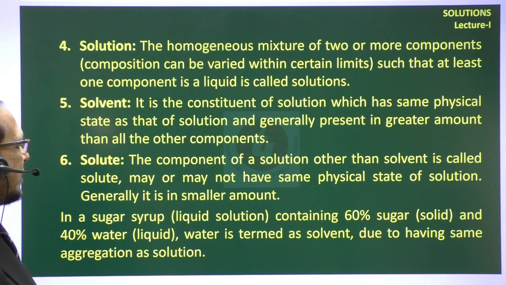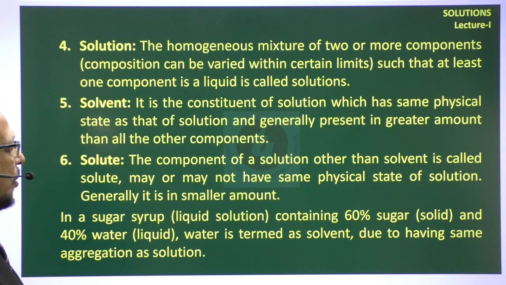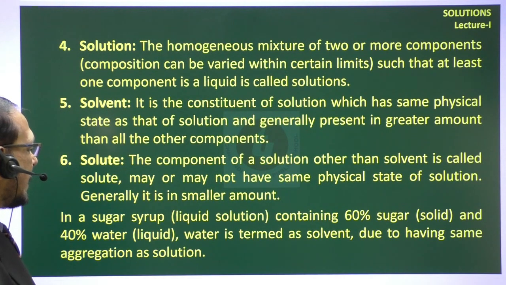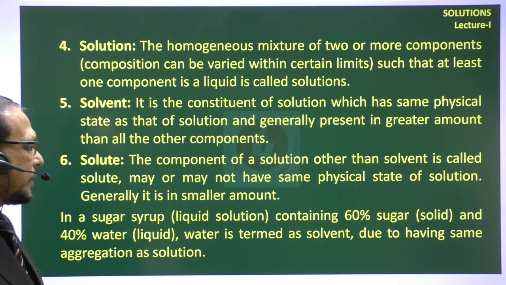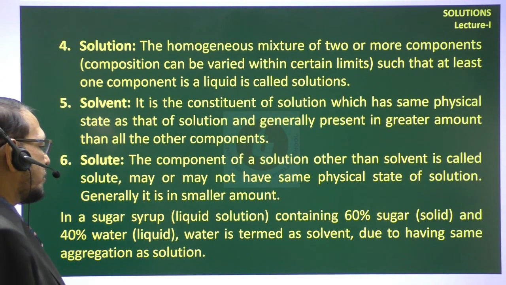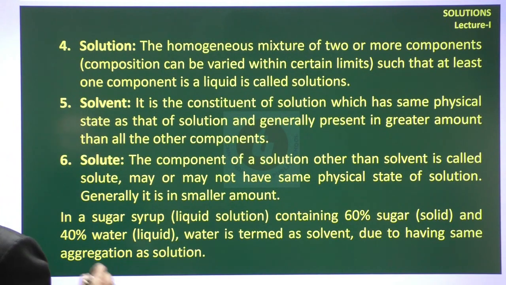The component of solution other than the solvent is called the solute. It may or may not have the same physical state. In a sugar syrup, sugar is the solute and water is the solvent. Normally we denote water as the solvent, since it has the same aggregation as the solution.